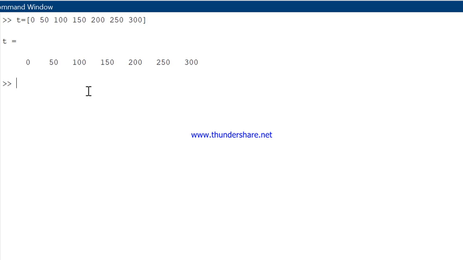So what about Ca? Remember to put the square bracket: 0.05 mole per dm cube, 0.038, 0.0306, 0.0256, 0.0222, 0.0195, 0.0174.